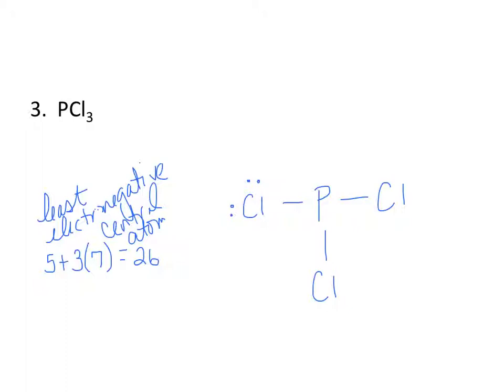That would be 10, 12, 14, 16, 18, 20, 22, 24, and I've got 2 electrons left over. There's nowhere else to go but right there on that central atom. Phosphorus has 8 electrons around it, so that structure should be correct.